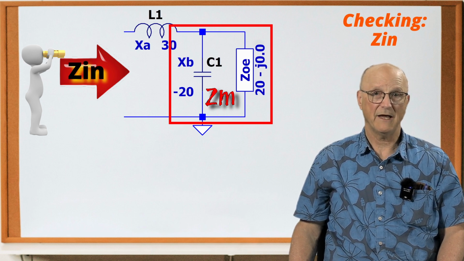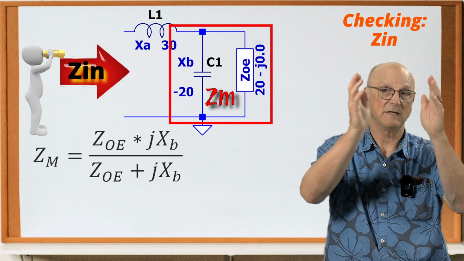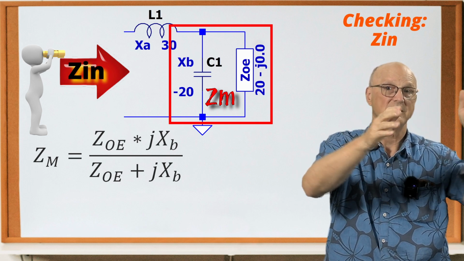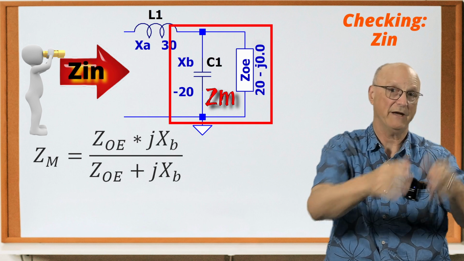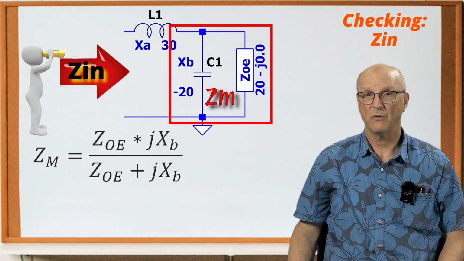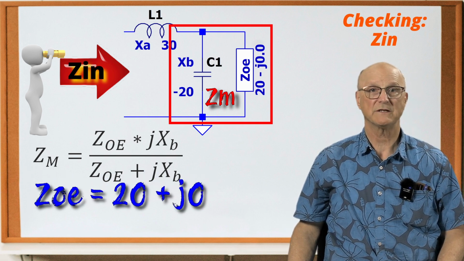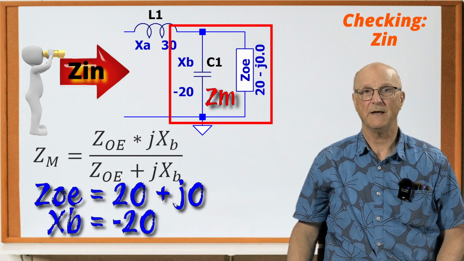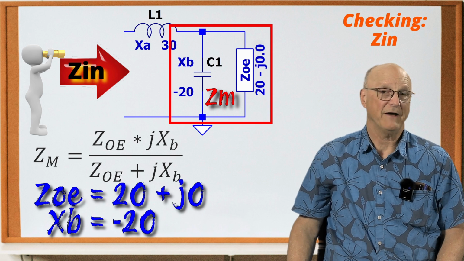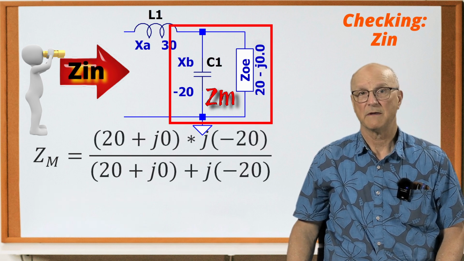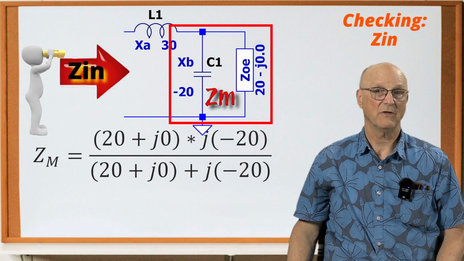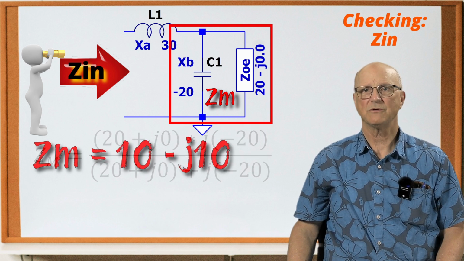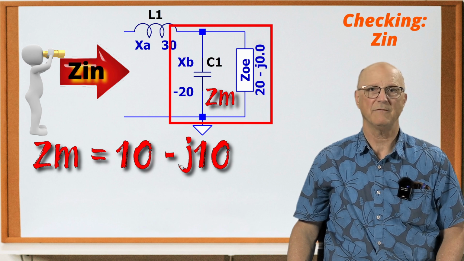So Zm is equal to ZOE times jXB divided by ZOE plus jXB, and with ZOE equal to 20 plus j0, and XB equal to a negative 20. Filling in these values, we get this. And using Octave to do the complex math, I get that Zm is equal to 10 minus j10.